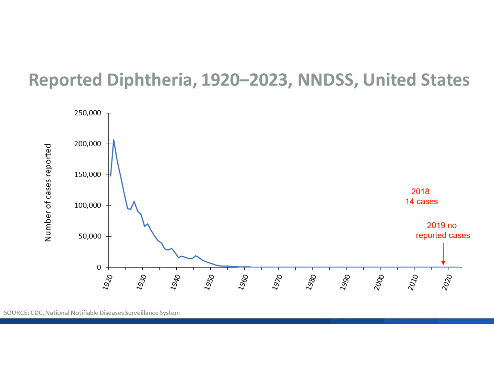Here's the history of it with the cases. 1920s, about 150,000 to 200,000 individuals would get this annually. By 1960, it's eradicated, gone. 2018, what was happening in 2018?